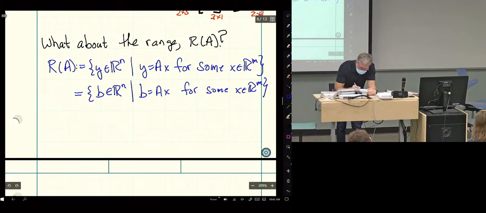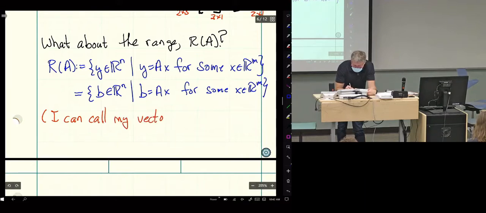It just changes how you look at the equation. So I'm just going to note, I can call my vectors in Rn anything I want, okay?